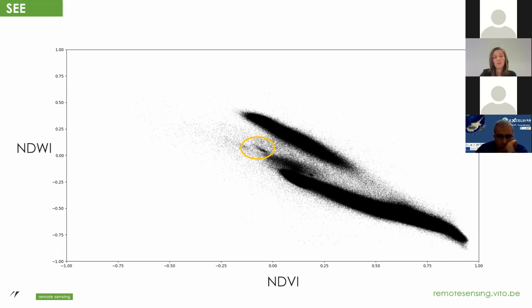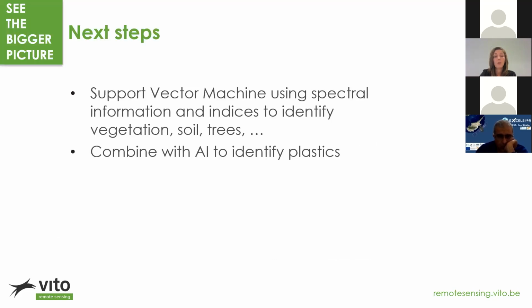So these are some first experiments using the spectral information from the MicaSense camera. We'll go further into this in the next months, using also some additional algorithms, such as support vector machines. But we will also be combining the spectral approaches with the AI approaches.